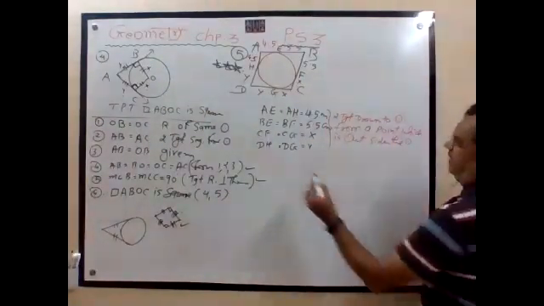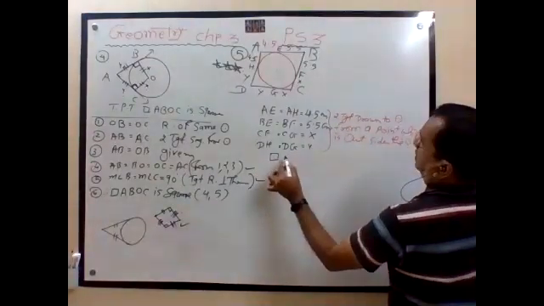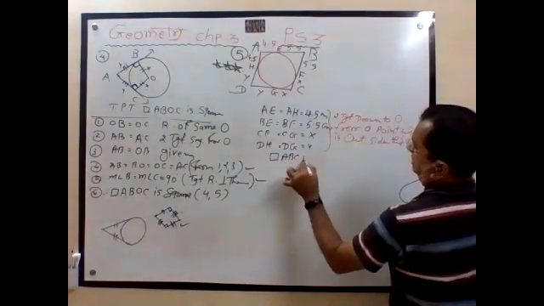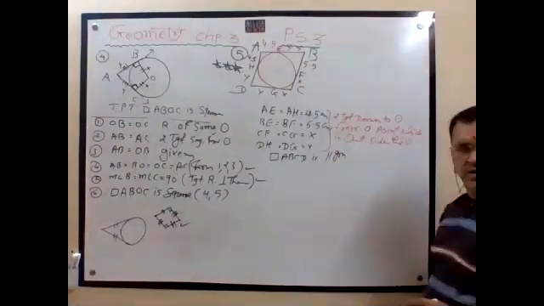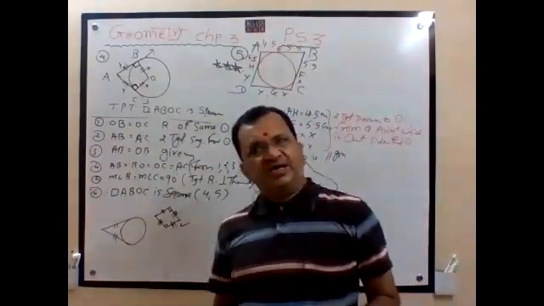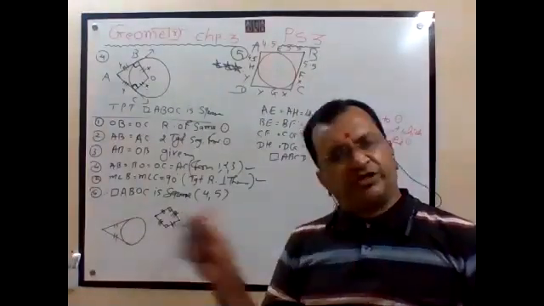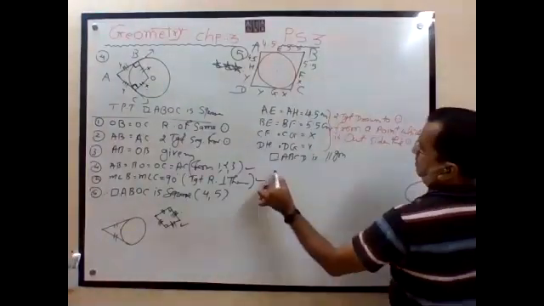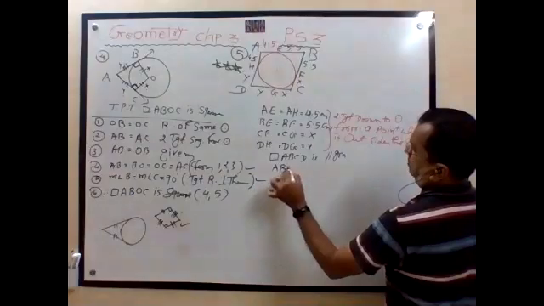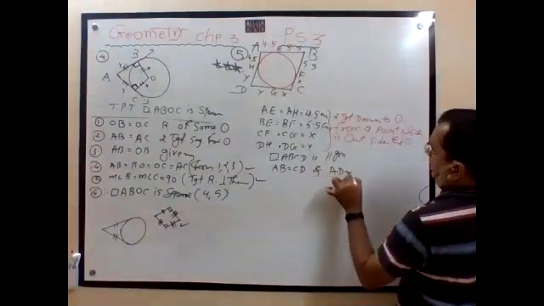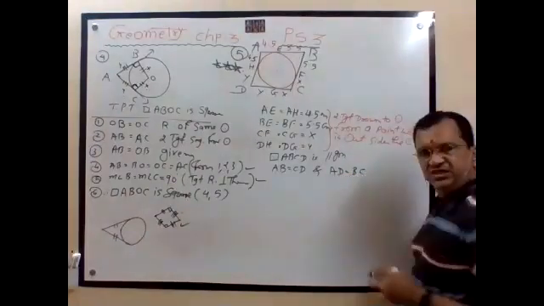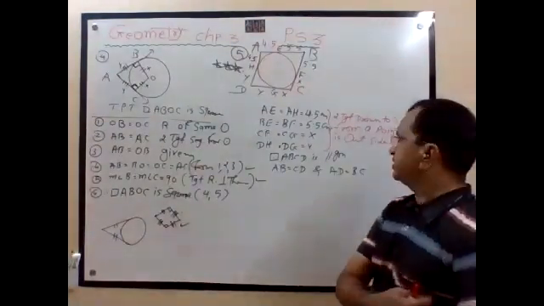Now it is given that quadrilateral ABCD is a parallelogram. ABCD is a parallelogram means what? Opposite sides are equal. Means what? AB is equal to CD and AD is equal to BC. Correct.